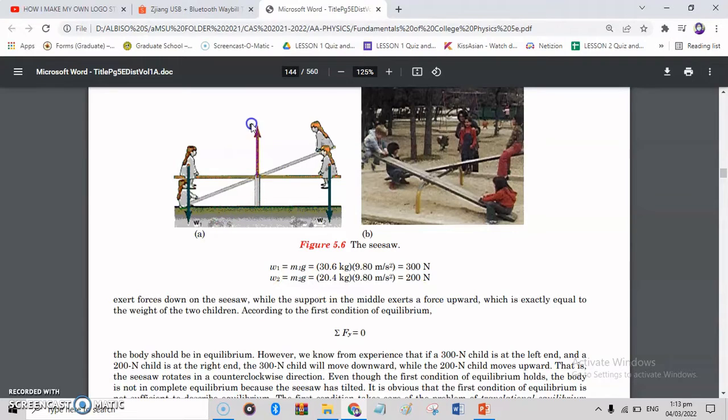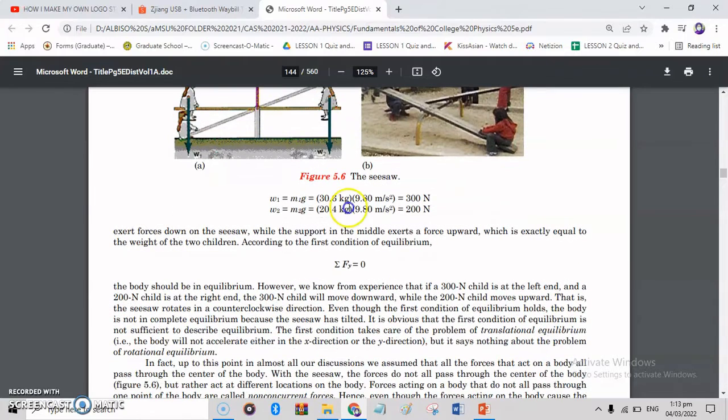There's a force upward here. So, the weight of both the children is pulling the seesaw downward. And the force acting on this seesaw is only yung nasa gitna. That is why meron siyang force upward.